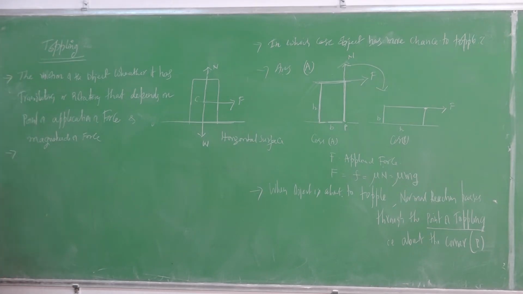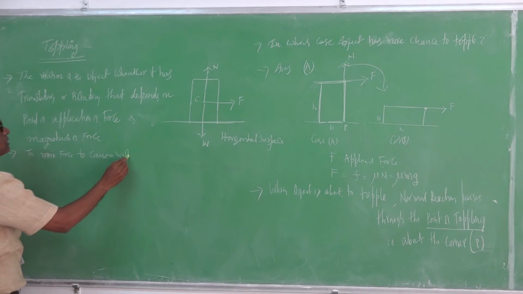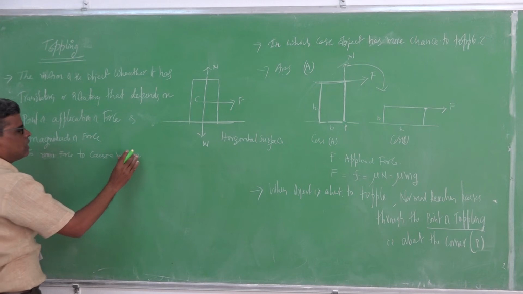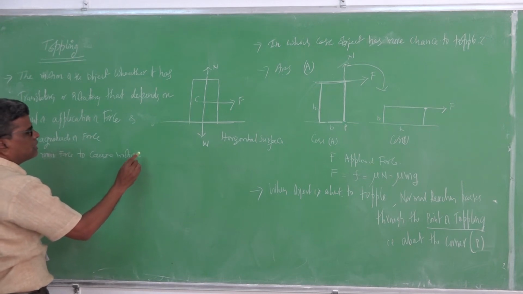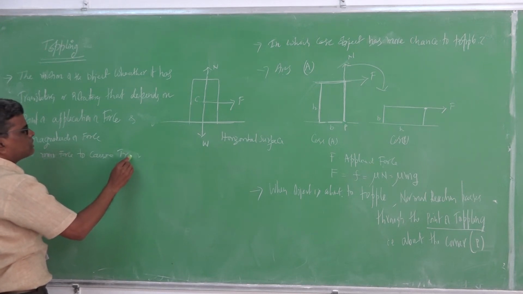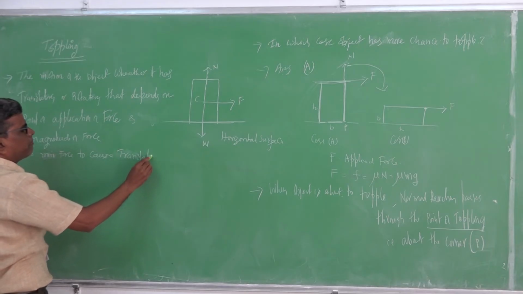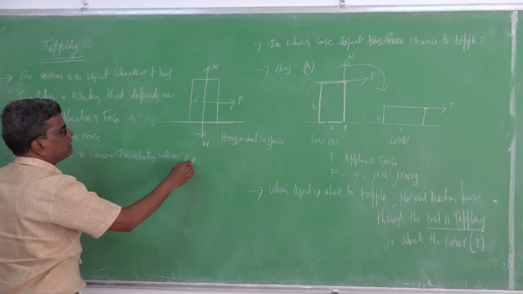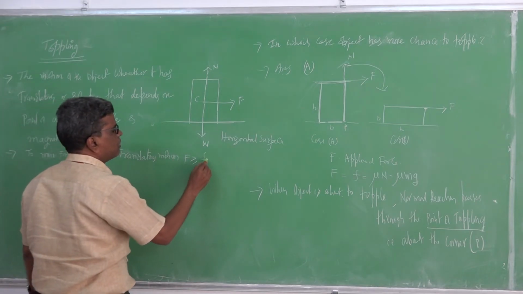So, to cause translatory motion, the minimum force should be greater than or equal to the frictional force.